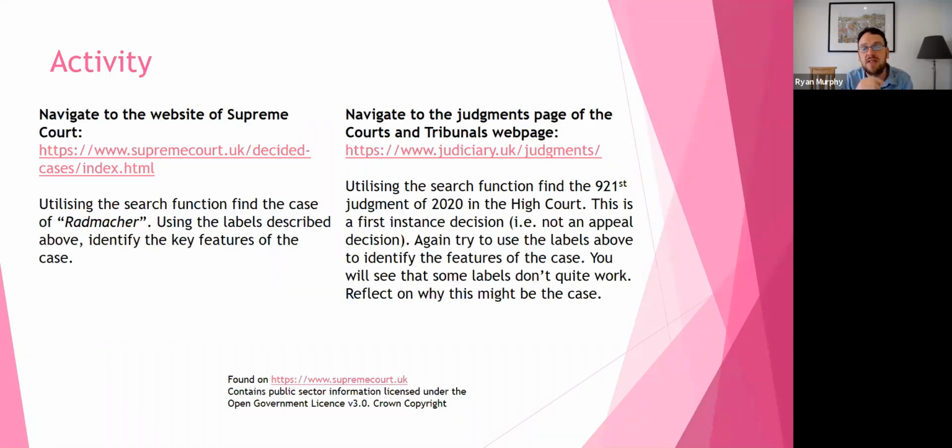And what you will find is that information given to you, like labels and frameworks and all the rest of it, have their limits. And there is an awful amount of freedom in how judges and courts present their judgment. There's not a unified way in which they do it. And these labels are only supposed to get you thinking. They're not intended to be definitive or exhaustive.